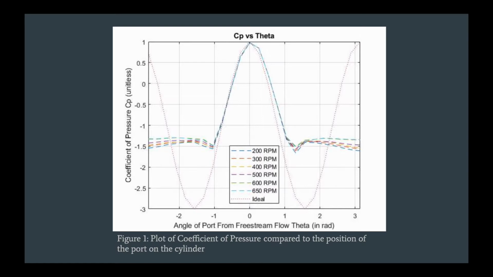We see at the front, the zero position facing the free stream flow, they all match pretty well with the coefficient of pressure of 1. And then as it gets towards the back of the cylinder, positively and negatively, the flows begin to diverge, with the higher RPM having higher coefficients of pressure and the lower having somewhat lower.